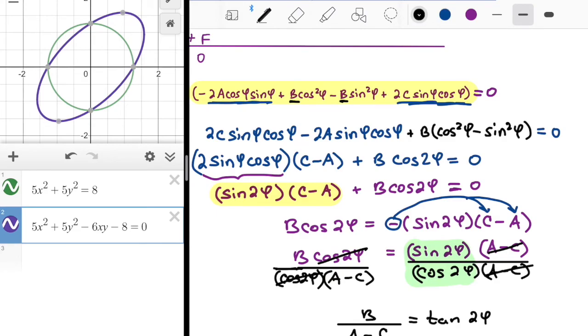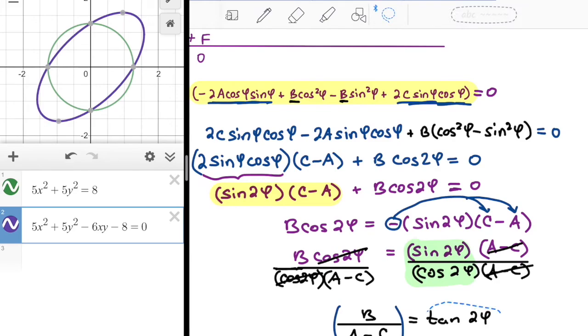So if I want to figure out what the value is going to be for phi, I can take the inverse tangent of both sides. You do have to be adherent to the domain of the inverse trig function.